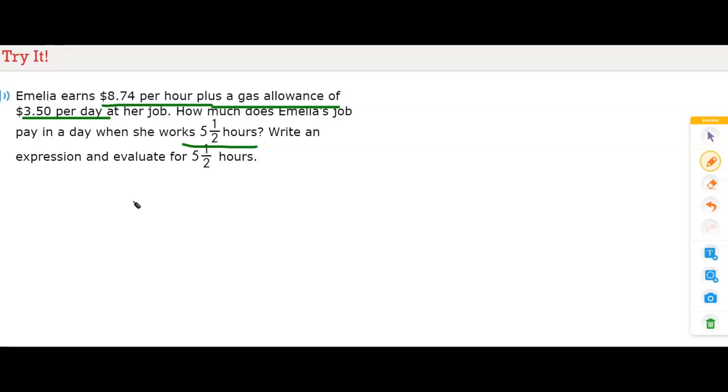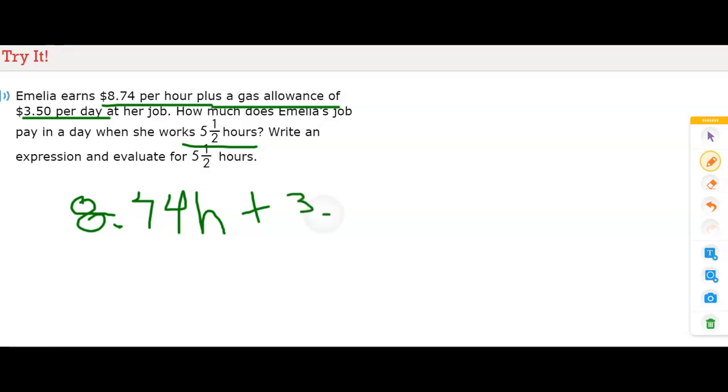So based on the very first sentence of the problem, she's earning $8.74 per hour. So we're going to put an H to represent the hours, plus, and it's so great that it's literally telling us what to do, plus the gas allowance of $3.50 a day.